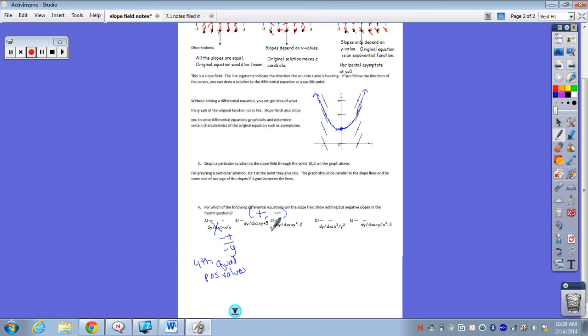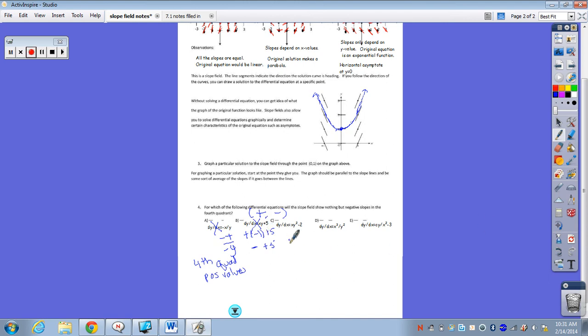For B, xy plus 5. So I would get a positive times a negative plus 5. So I'd get a negative value plus 5, but it depends if this negative value is bigger than 5 or less than 5 if it's negative. So at like 1, 1, at positive 1, negative 1, we would still get a positive slope. So that does not work. Xy squared minus 2.